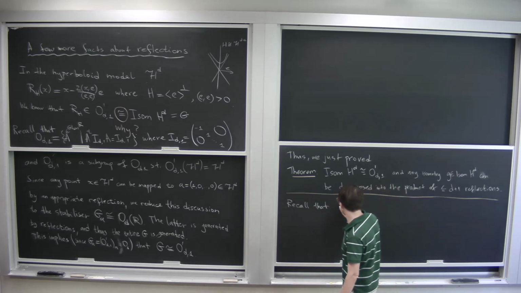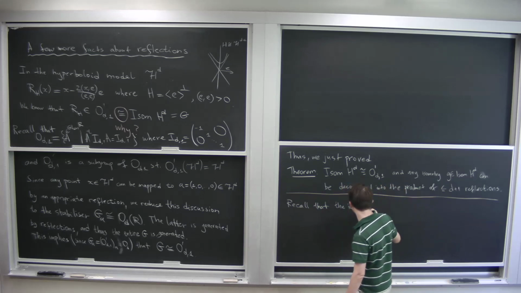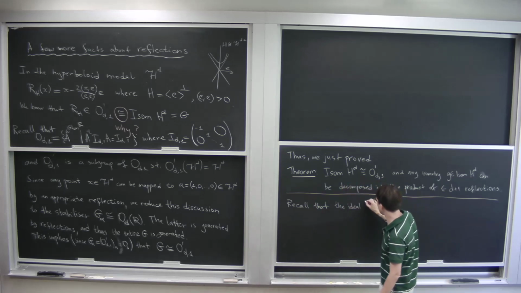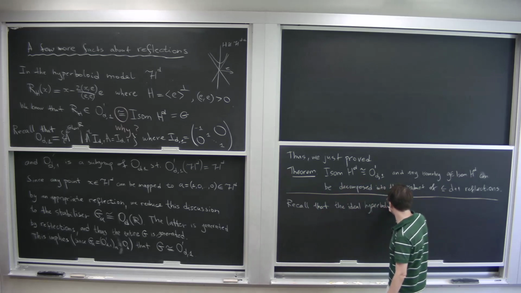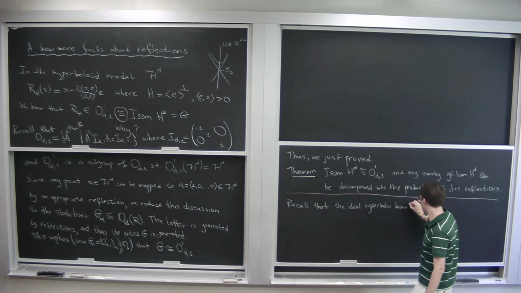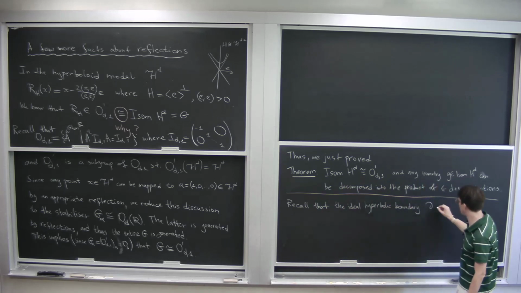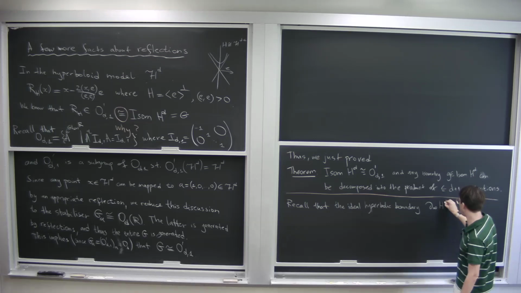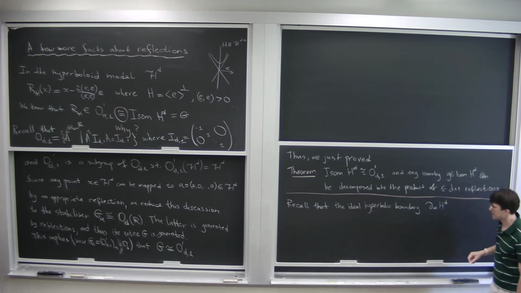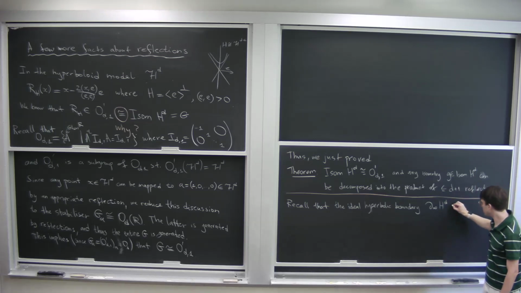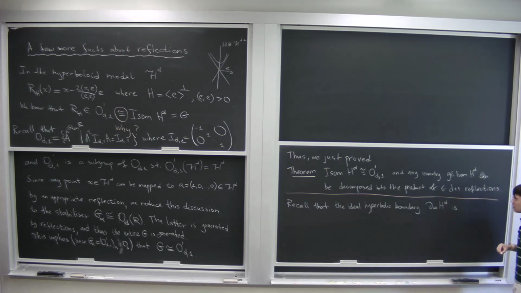So recall that the ideal hyperbolic boundary, which will be denoted as ∂HD, with the infinity index, is the set of equivalence classes of isotropic rays.